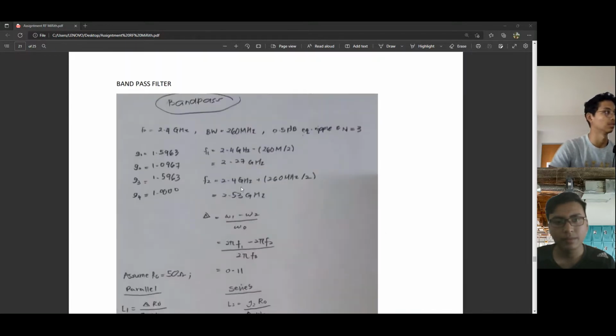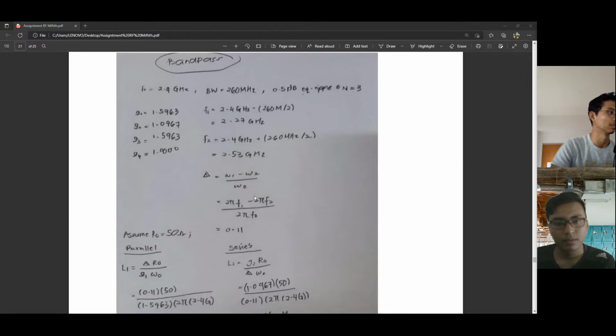So we just use the values in the formula. To find F1, we use the formula F0 minus bandwidth over 2. So this is the value for F1 and this is the value for F2.